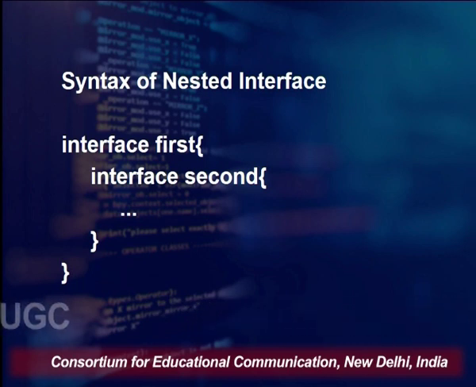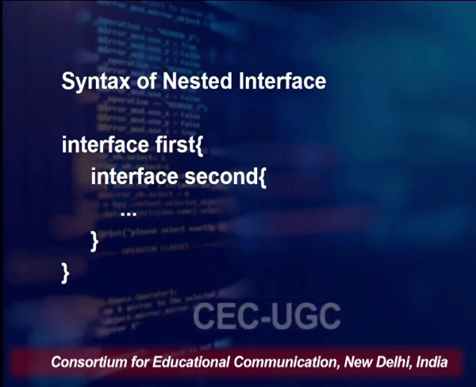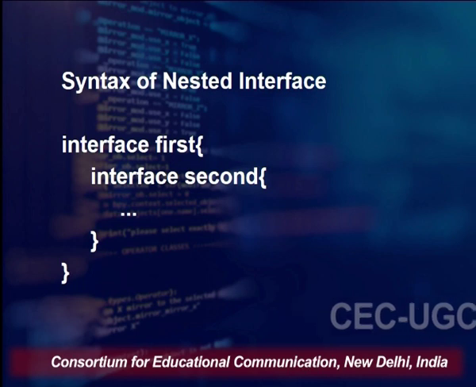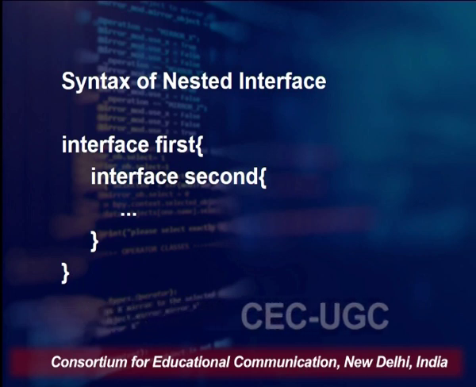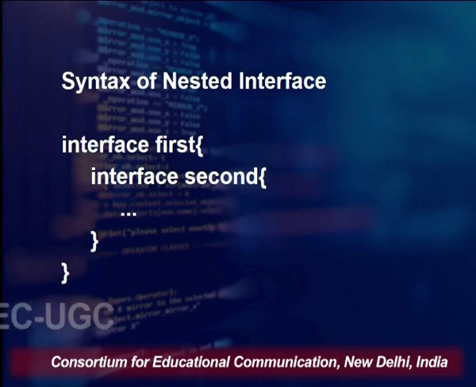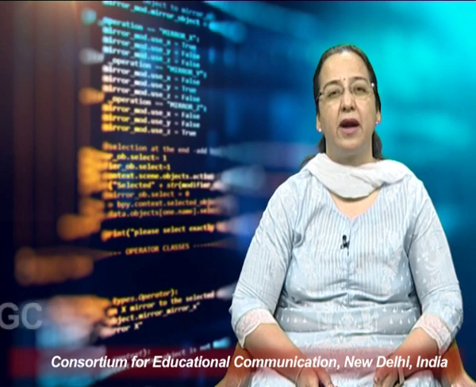One interface can also be nested inside a class, or we can say it can become a member of the class. So an interface within a class is perfectly okay, and an interface within another interface is also fine.